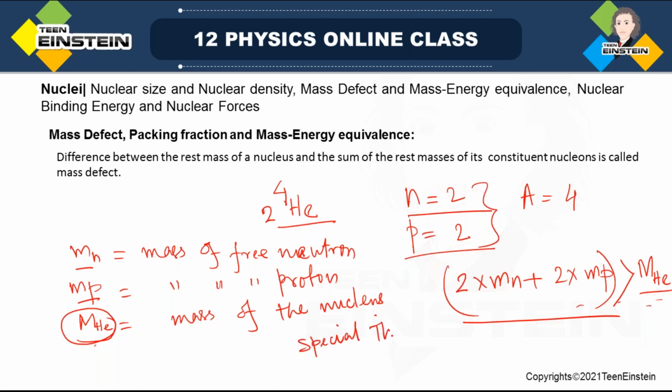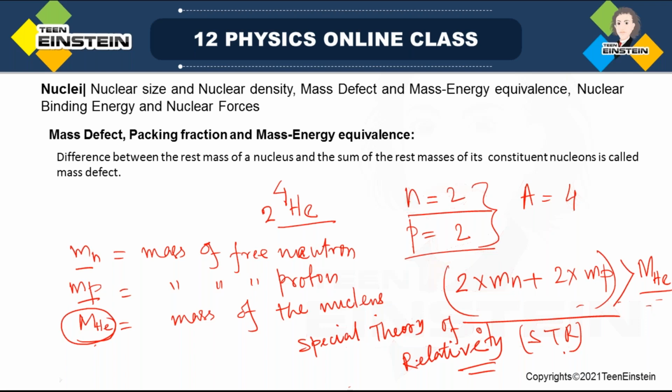There you will be able to understand the difference between the rest mass and the mass of an object when it is in motion. Special theory of relativity, STR in short, will tell you in great detail in later classes.